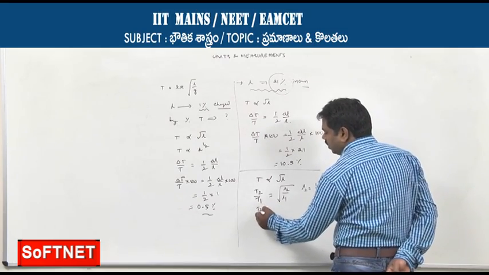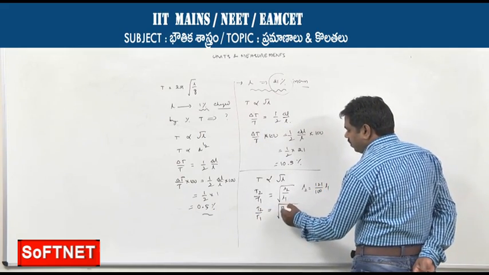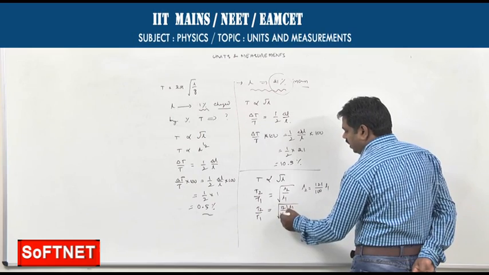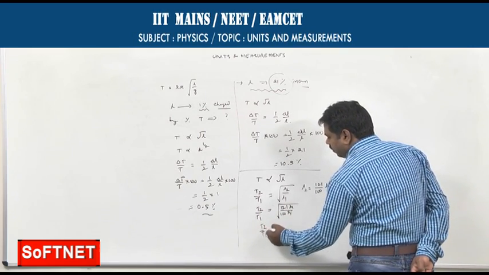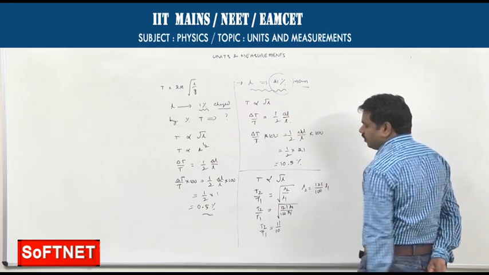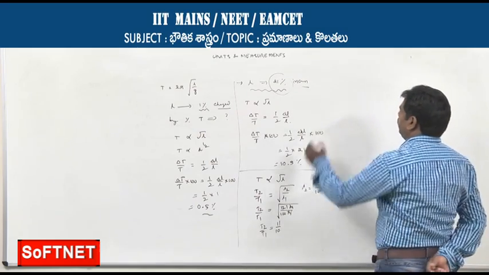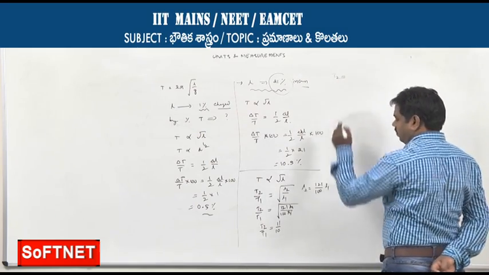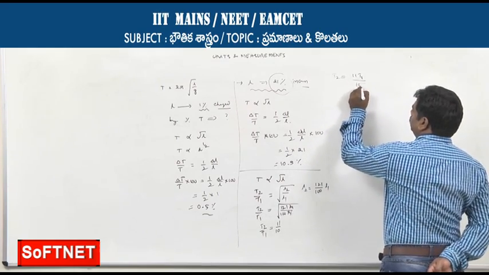Then what do you get? T2 by T1 is equal to root of 121 L1 by 100 L1, that is T2 by T1 is equal to 11 by 10. Root 121 is equal to 11, root 100 is equal to 10, that is T2 is equal to 11 T1 by 10.